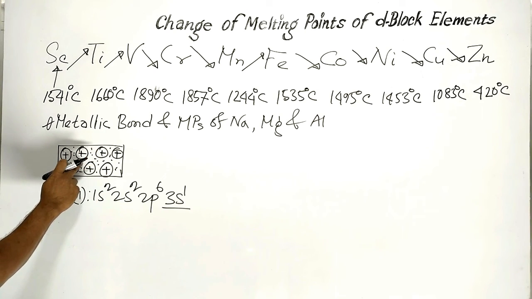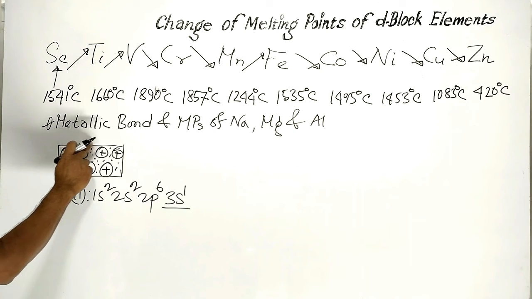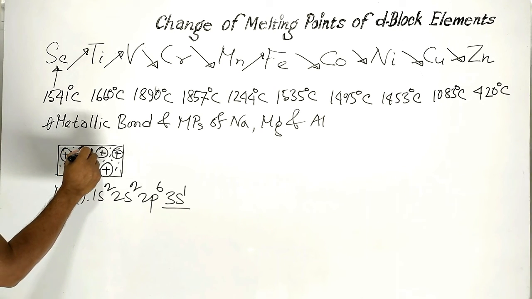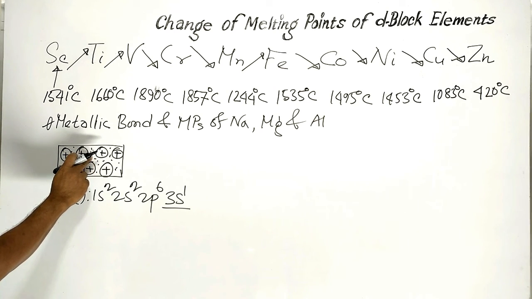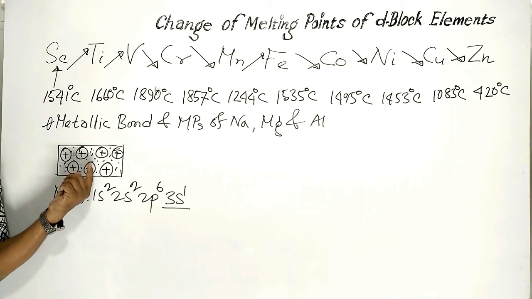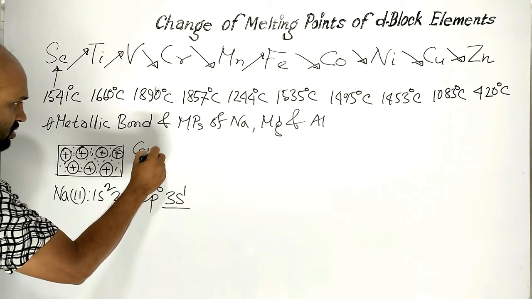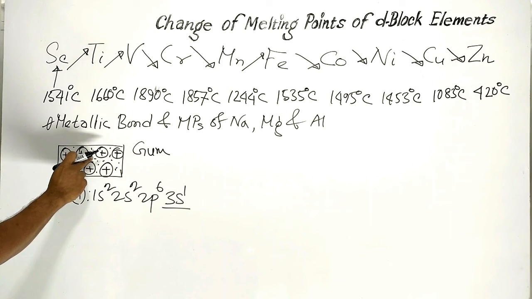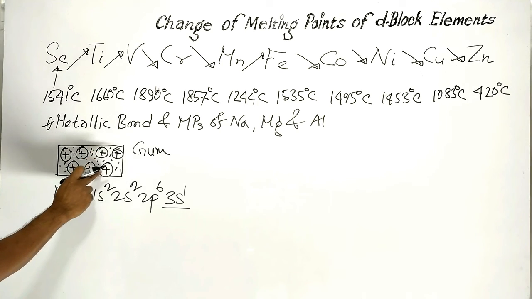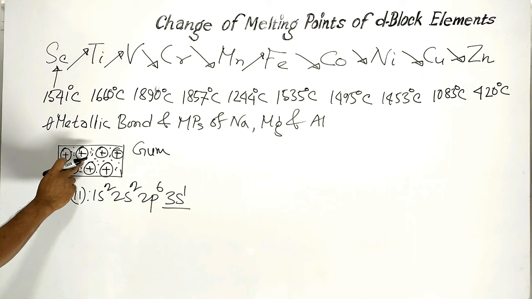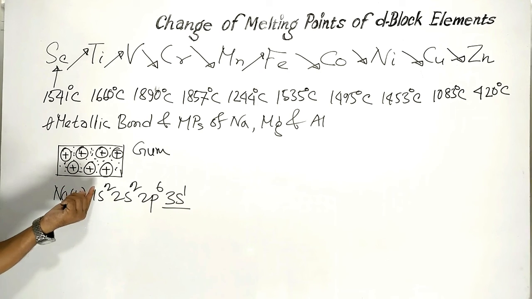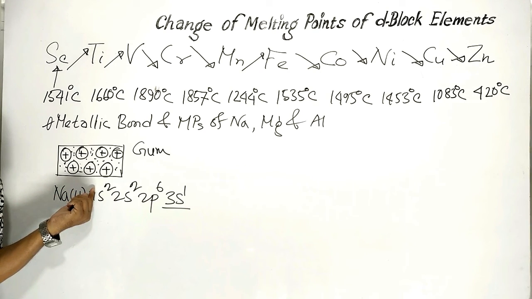That means if we consider two positive charge sodium ions, then we see at the middle negatively charged electrons. That is, here electrons act as gum among positively charged ions.